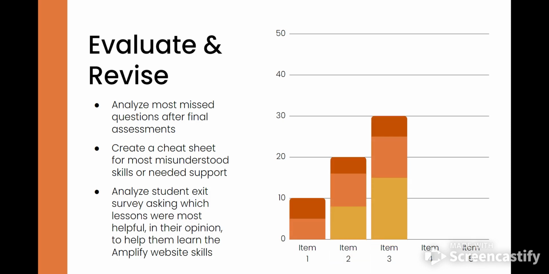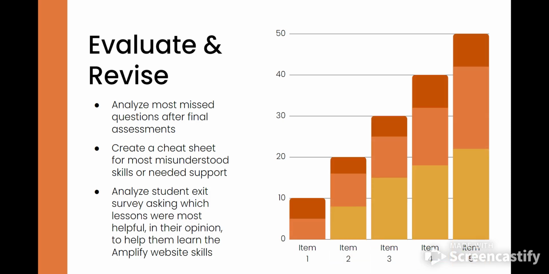The end of the Assure model is to evaluate and revise. So analyzing some of the most missed questions, maybe creating a cheat sheet for some of the misunderstood skills, or maybe just a reminder of what we learned and how to do it for students who might need support, something they can look back at.